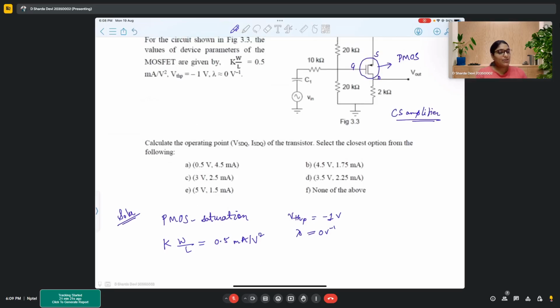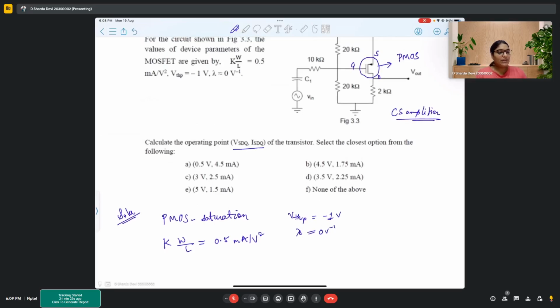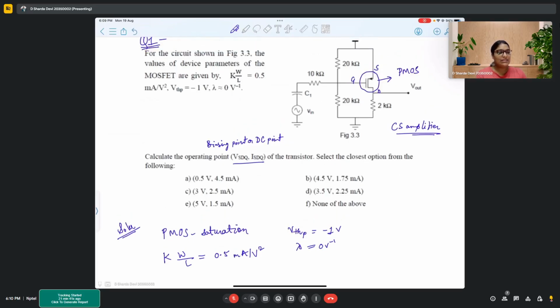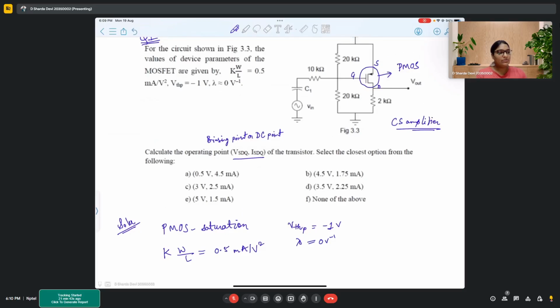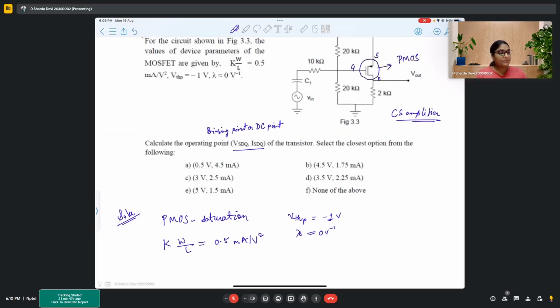The question is, you have to calculate the operating point. Operating point can also be termed as biasing point or DC point. All of these mean the same. So you have to find the DC values for source drain voltage and drain current.